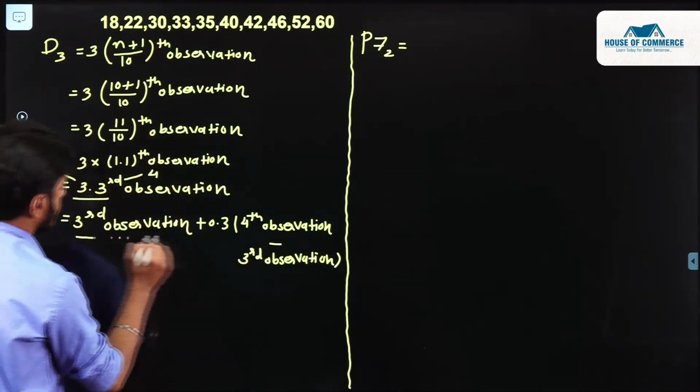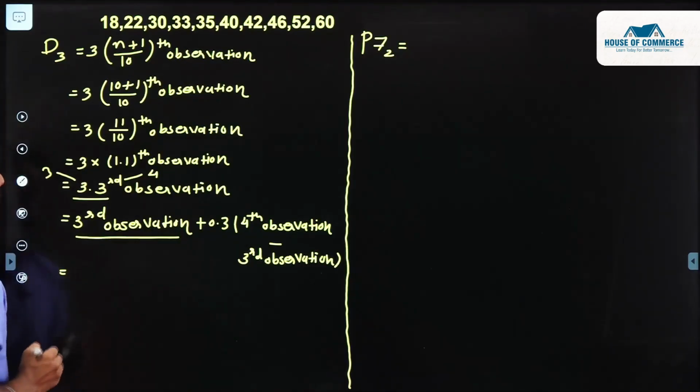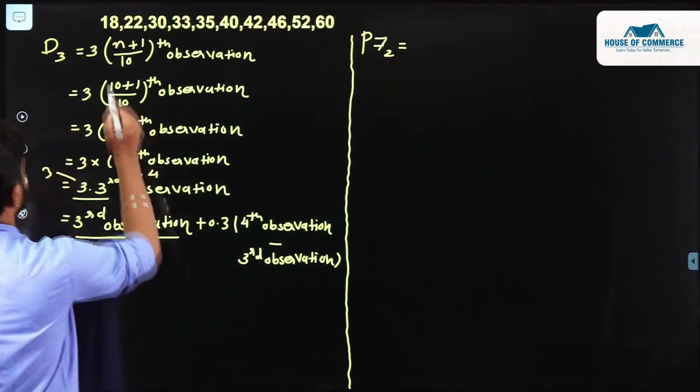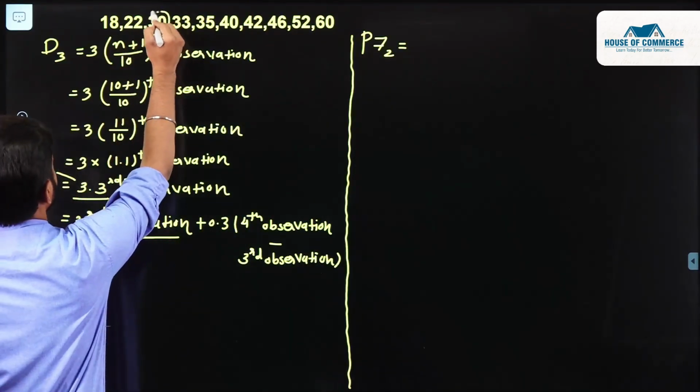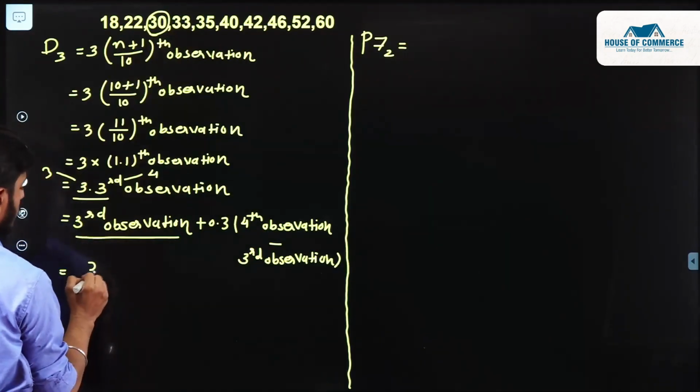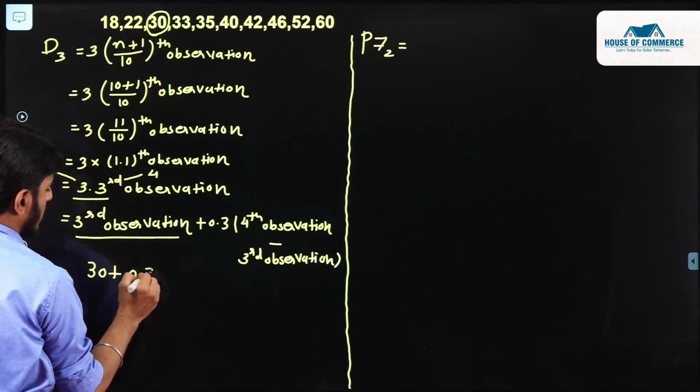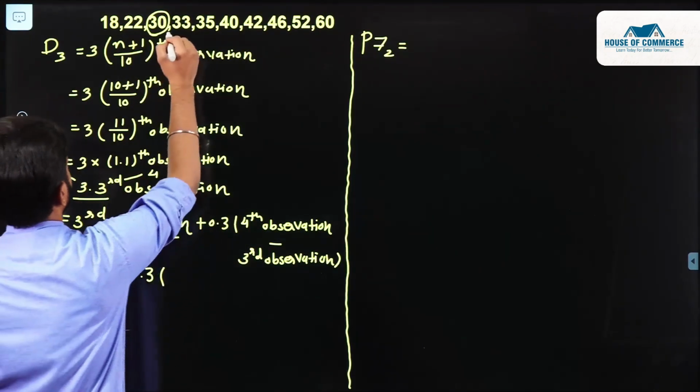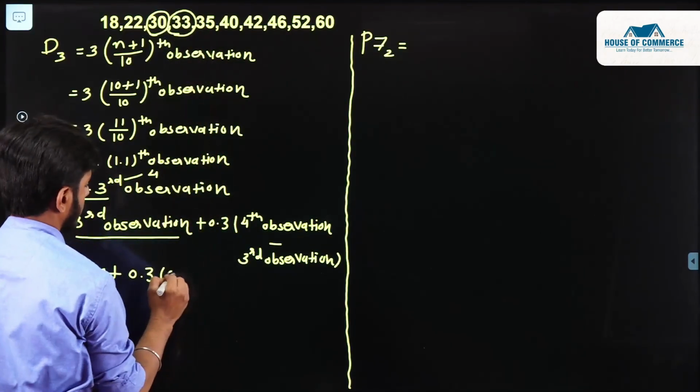So what is the third observation? After arranging them in ascending order, this is the first, second and third observation, which is 30, plus 0.3. What is the fourth observation? It is 33.